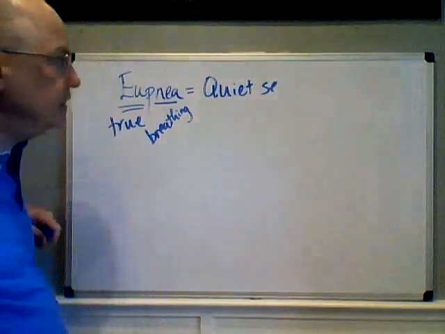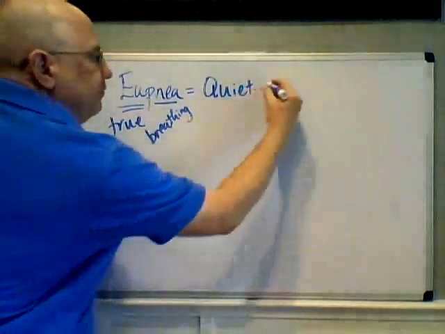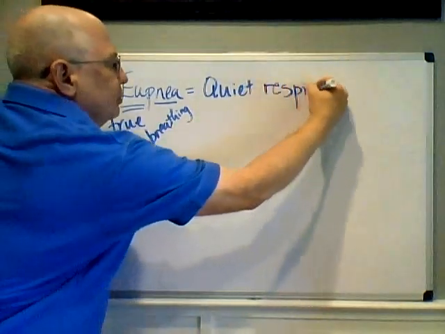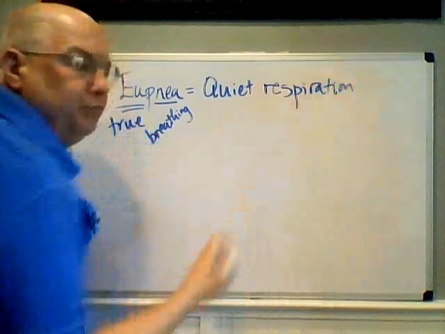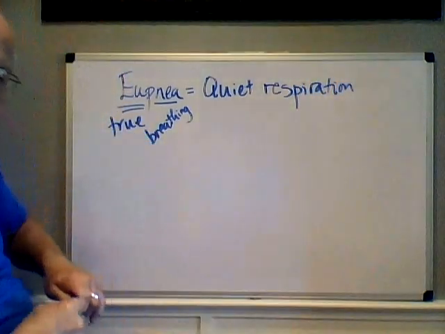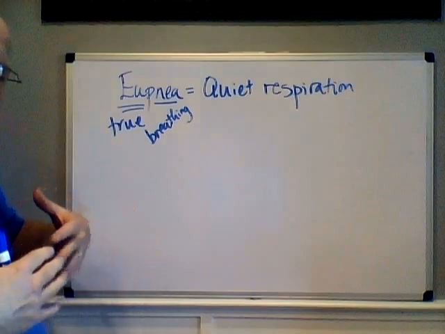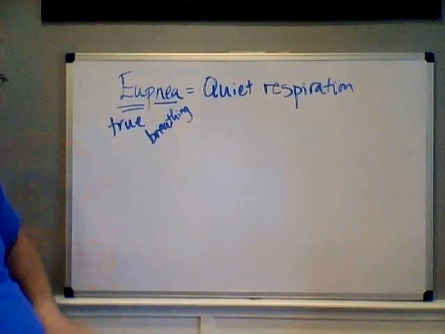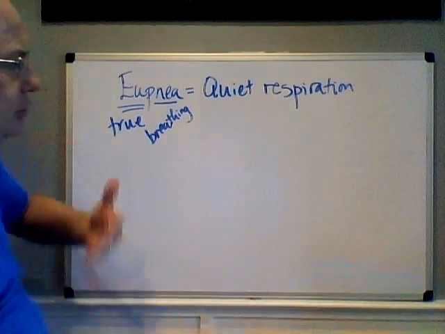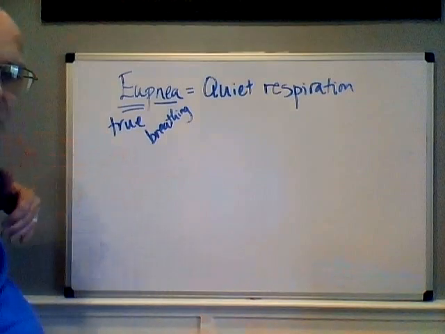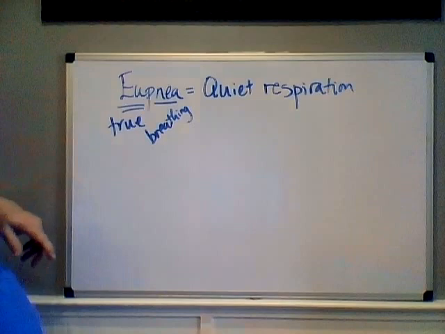Quiet respiration is when you're breathing at rest. If you were sitting quietly reading a book, you're going to inhale and exhale. You're really not going to hear the air coming in and out. And it's a rather simple process. We call that eupnea or quiet respiration.